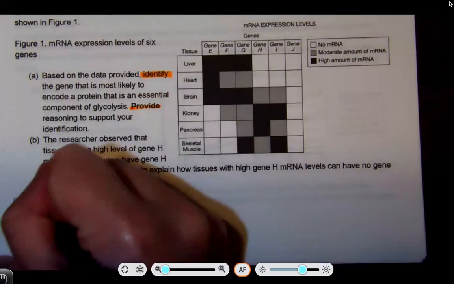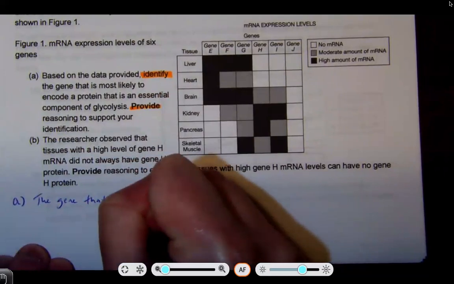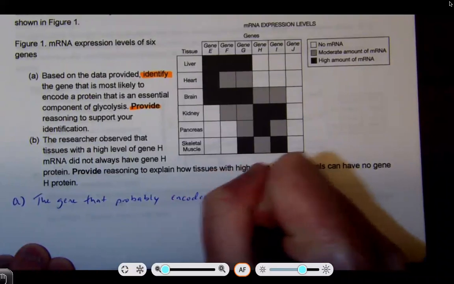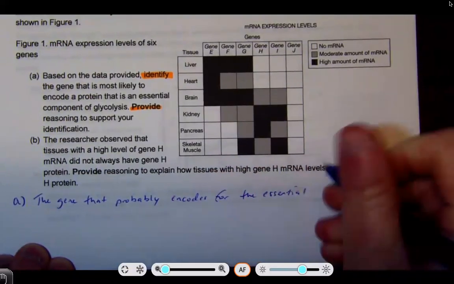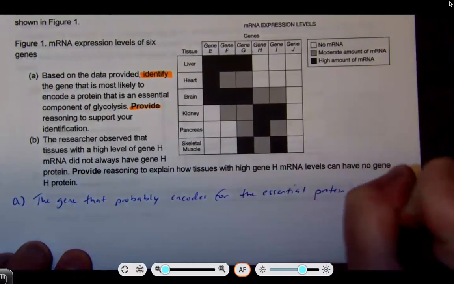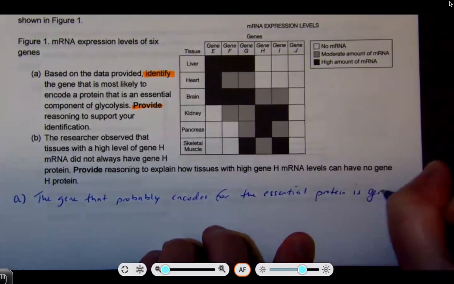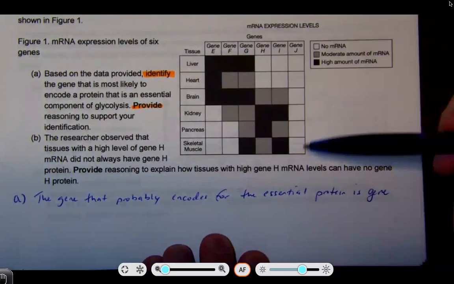So the gene that probably encodes for the essential protein is gene, and then we have to look at our graph. So this is really similar to that, hey, let's interpret some data.